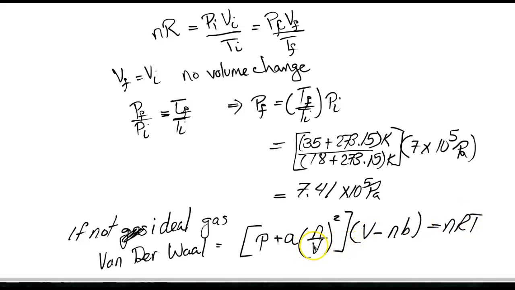And if you notice, if a and b are 0, then we get exactly the ideal gas law. So the ideal gas law is nothing more than a special case of the van der Waals law.